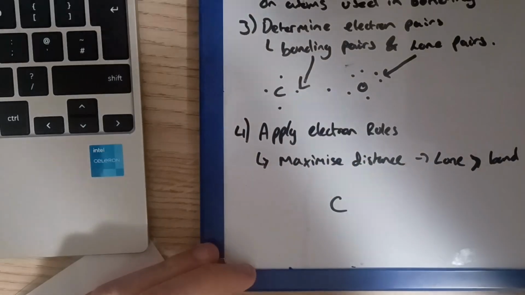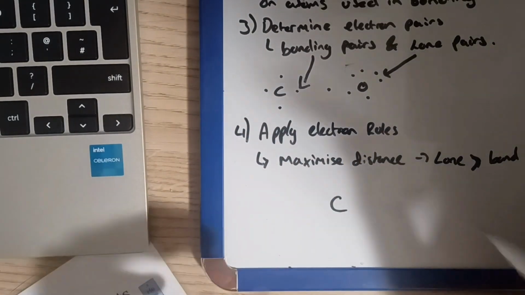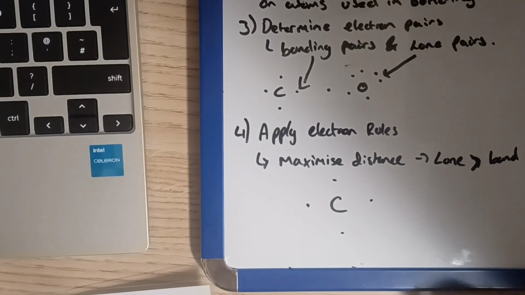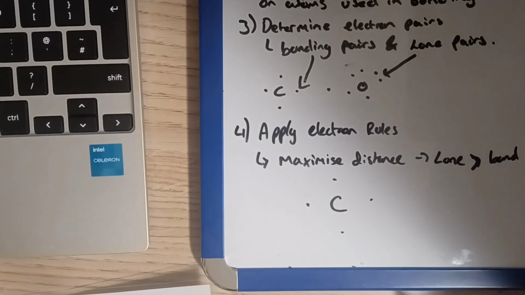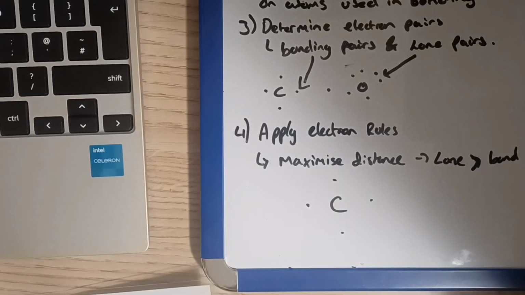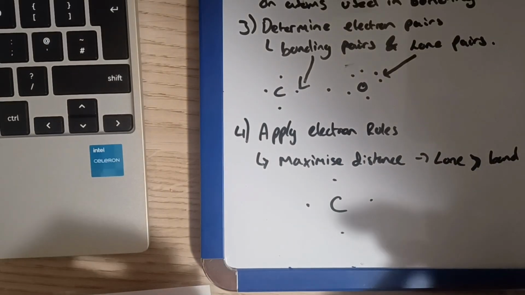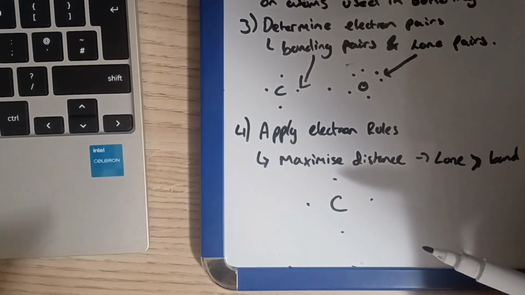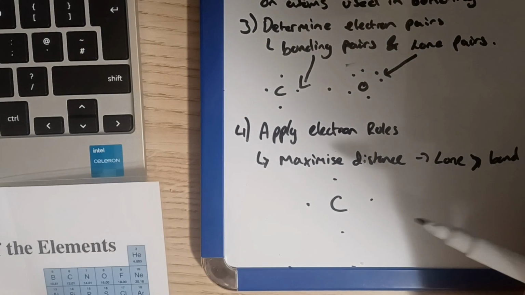Now obviously carbon has 4 outer shell electrons. So 4 sp3 bonds can be made, essentially, but we'll get to that later. Carbon has 4 outer shell electrons.